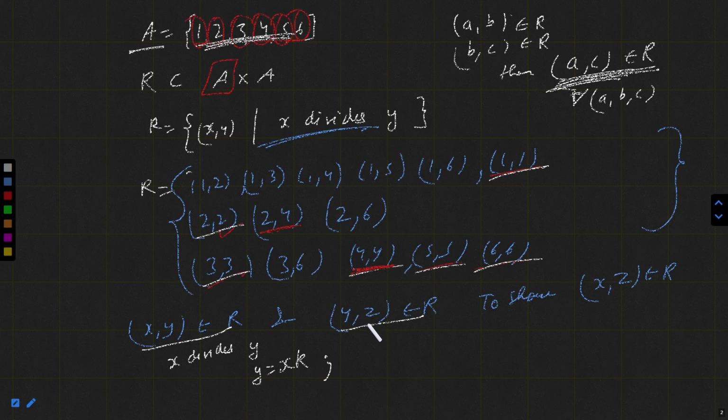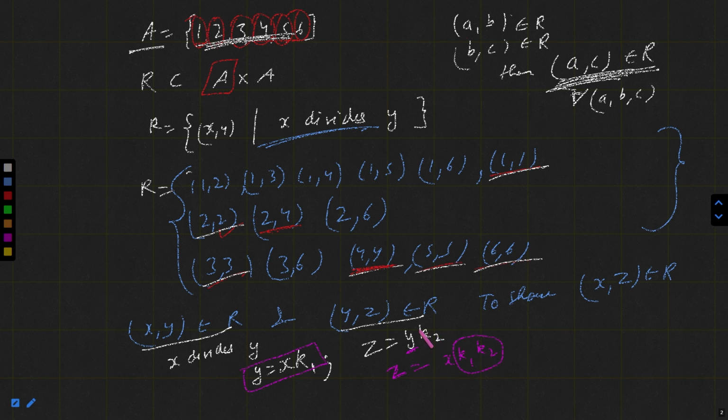From this, y divides z, this means z is a multiple of y. So y equals x k1, z equals y k2. Now I know the value of y, so put the value over here. So z equals x k1 k2.